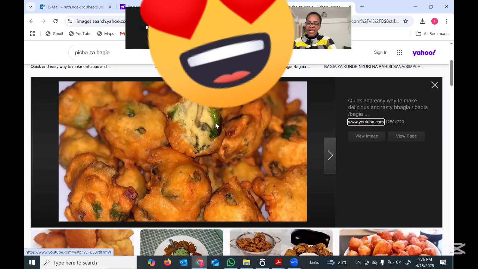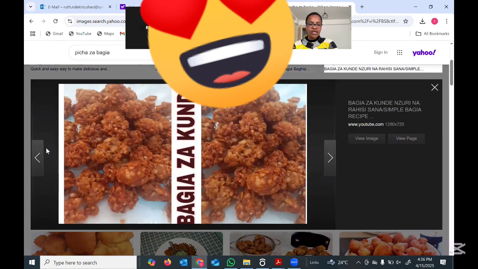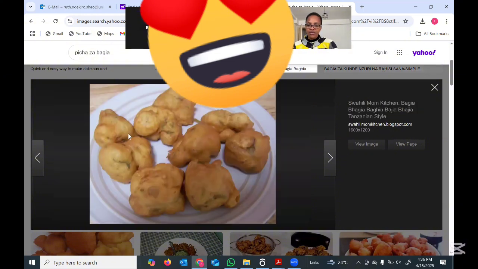It's kama mandazi, lakini with spices, onions. You see, like this one is green pepper, lakini it's just the same as mandazi. And then it looks like this also. You can see inside, and it is softer than mandazi.